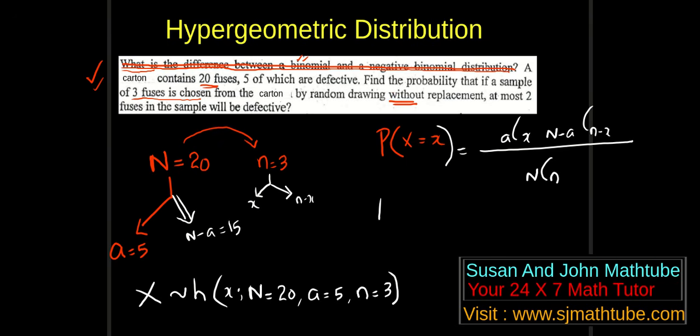So if you substitute, we get probability of X equal to x is equal to 5Cx and 15C 3 minus x, the whole divided by 20C3.